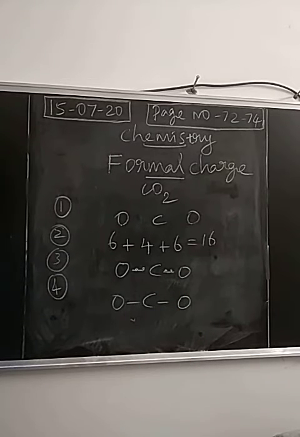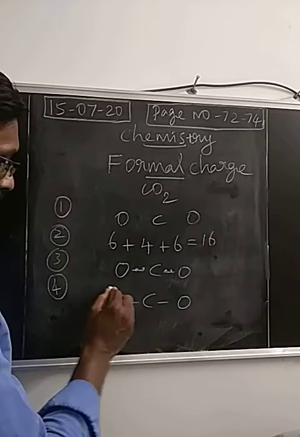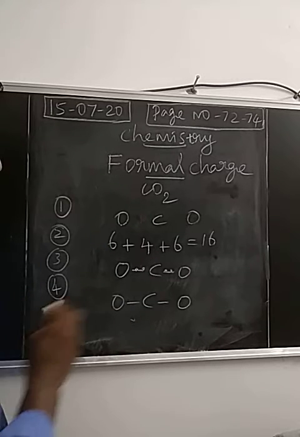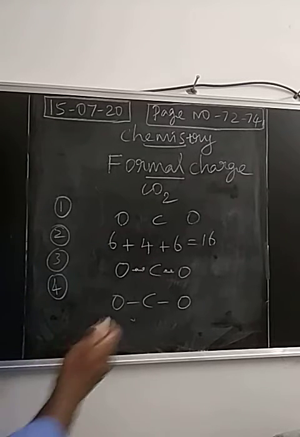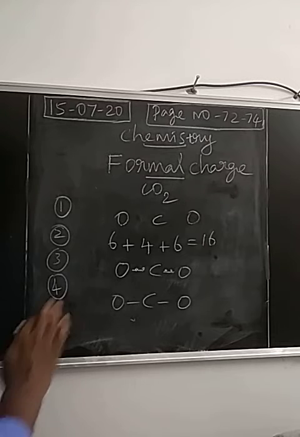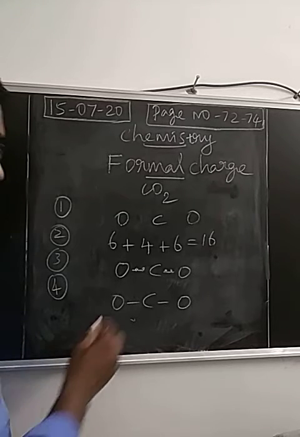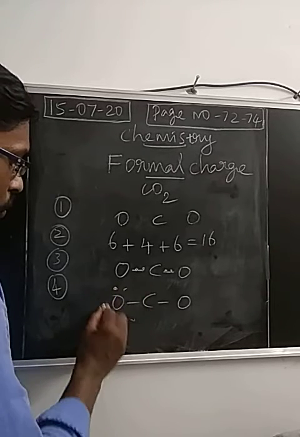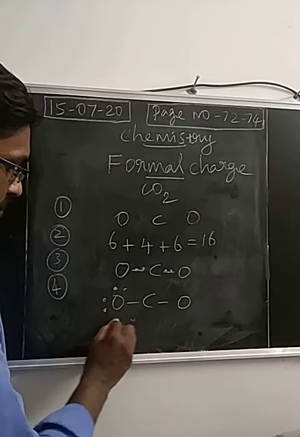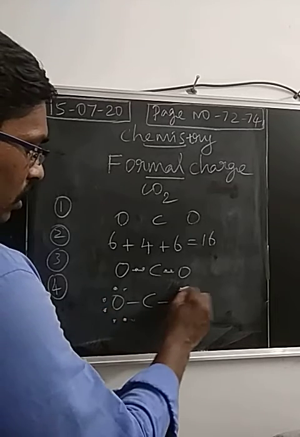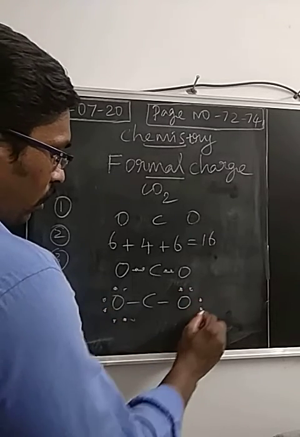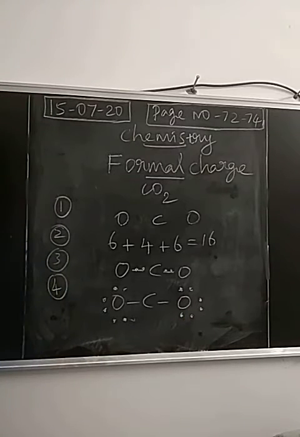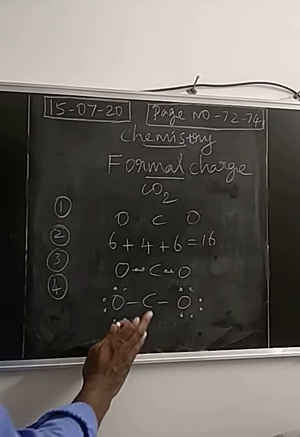So the remaining 12 electrons will be placed as lone pairs of electrons on oxygen, in order to obey the octet rule. So it has to satisfy the octet rule. So 1, 2, 3, 4, 5, 6, 7, 8, 9, 10, 11, 12. So all the 12 electrons are placed.